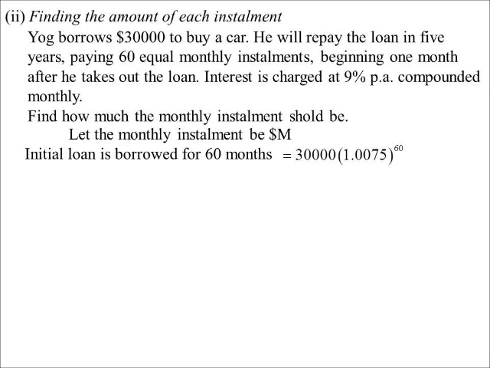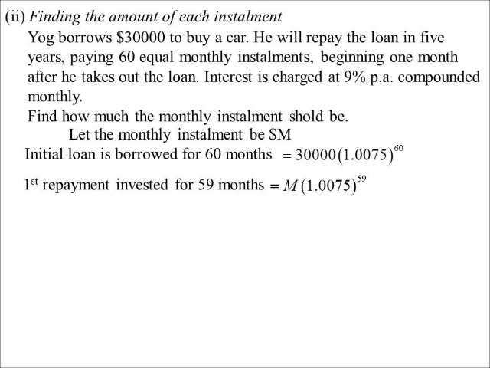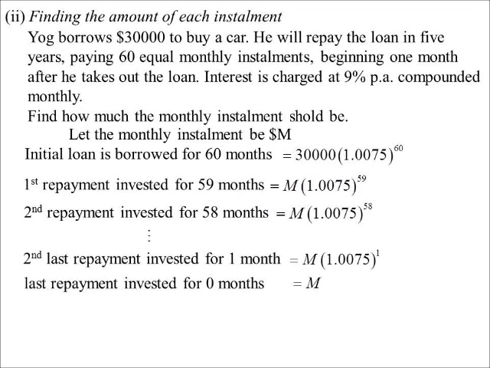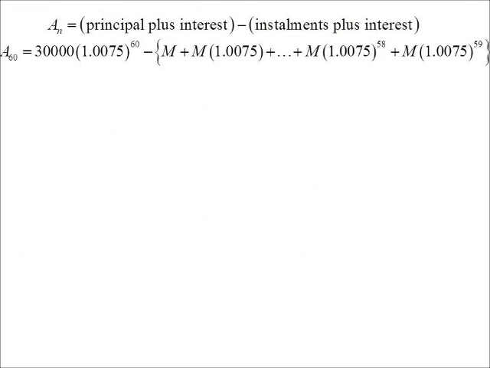So that's how much the bank's lending me. My first repayment then will be invested for 59 months. Second repayment, 58 months. And so on and so on. But remember, the last repayment will only be there for 0 months. So we know the amount owing at any point.